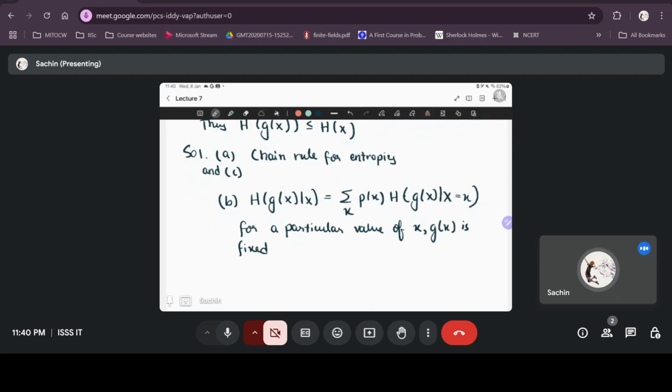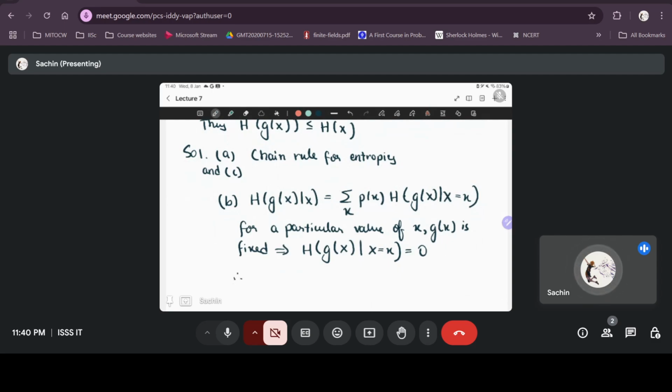And that means there is no uncertainty in the value of g of capital X. If you know the value of capital X, you know that the random variable X has taken a particular value, then you also know that g of X has taken the value g of small x. So there's no uncertainty in what value g of capital X can take. So this is 0.